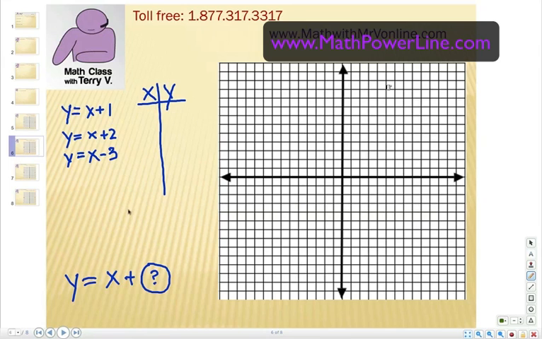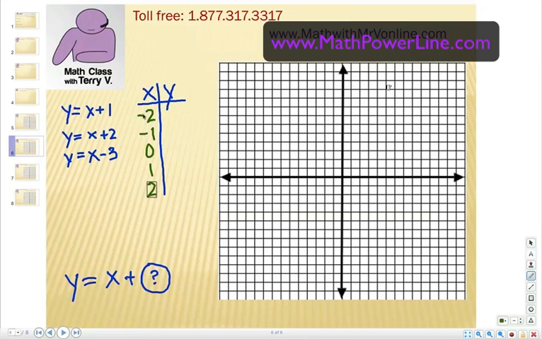And the question is, if we're going to take y equals x and do something to that x on the right side, in this case add or maybe subtract a number, what happens to that line? So let's go ahead and do it. Let's choose some values. -2, -1, 0, +1, +2.